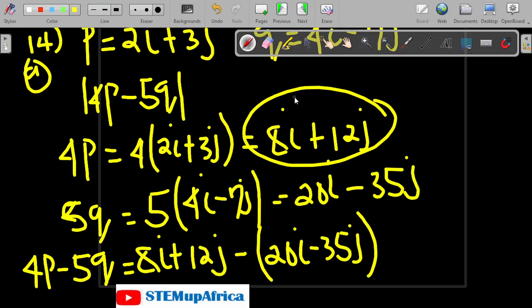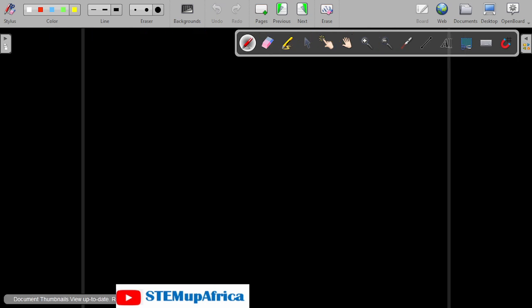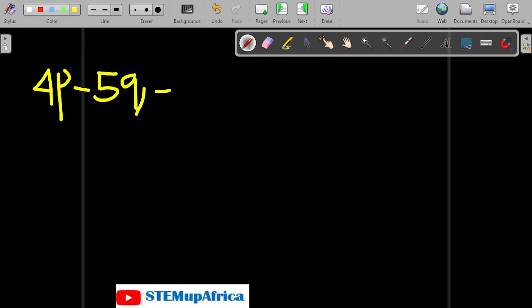So if I simplify this, I'm going to have 8i plus 12j minus 20i plus 35j. 8i minus 20i will give us minus 12i.